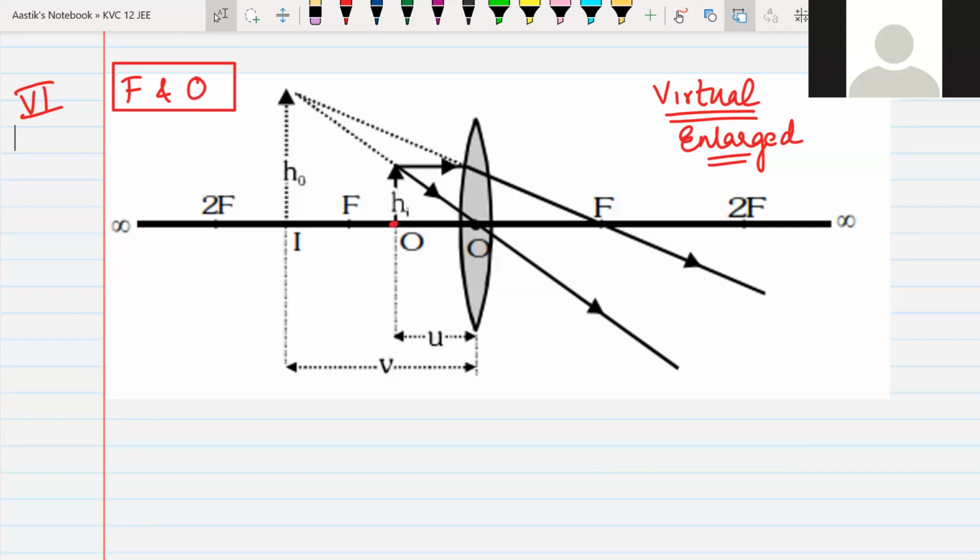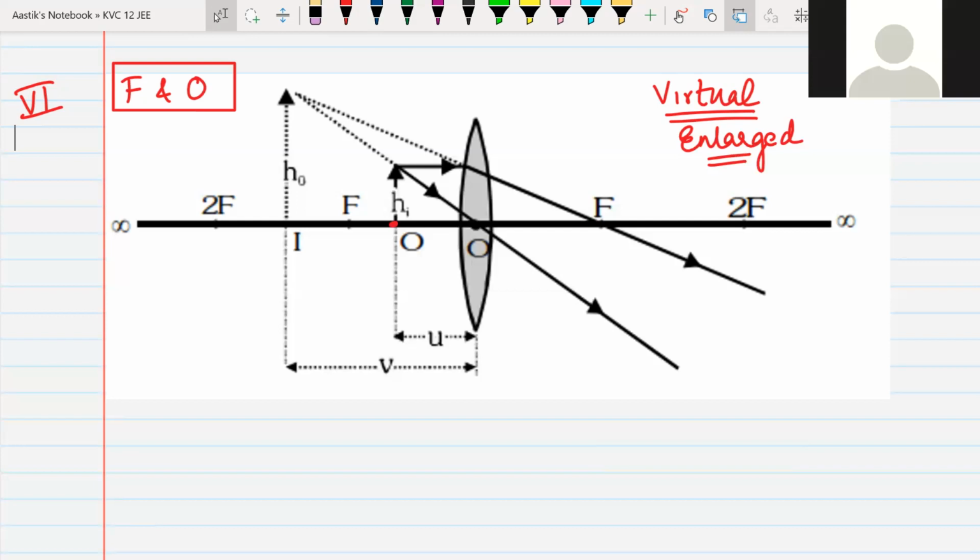Now comes the cases for concave lens. How many cases will be here? 2. Yes, there are only 2 cases possible here. What is the first case? Object at infinity. Well done. Where is the image going to be formed?